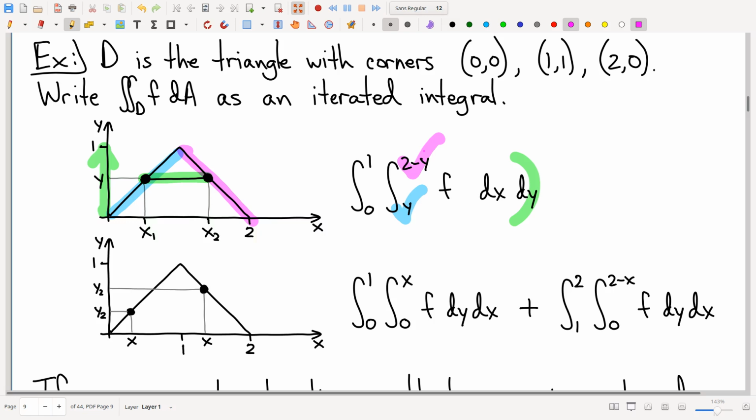Let's look at our other option. Here we're slicing, you can see, with x's on the outside. It's tempting to say x varies along like so. Here's the problem. While my lower bound for y always comes from that curve, which is easy, no issue, oh man, my upper bound comes from this curve.